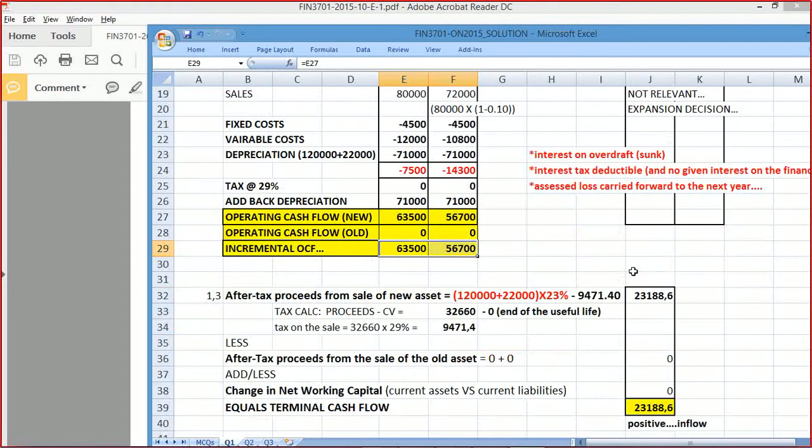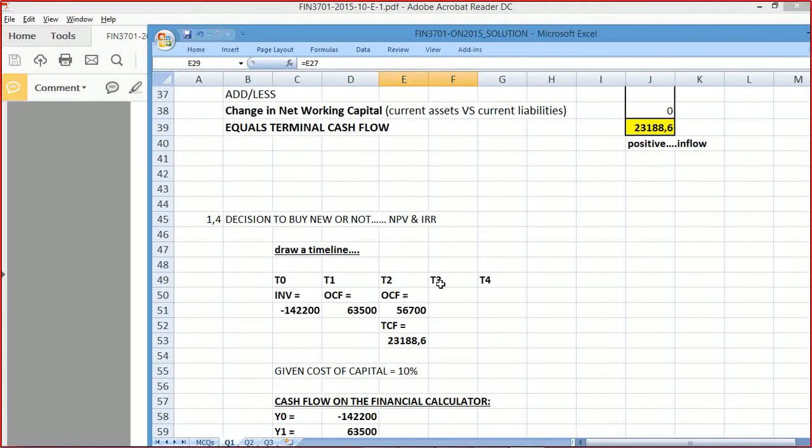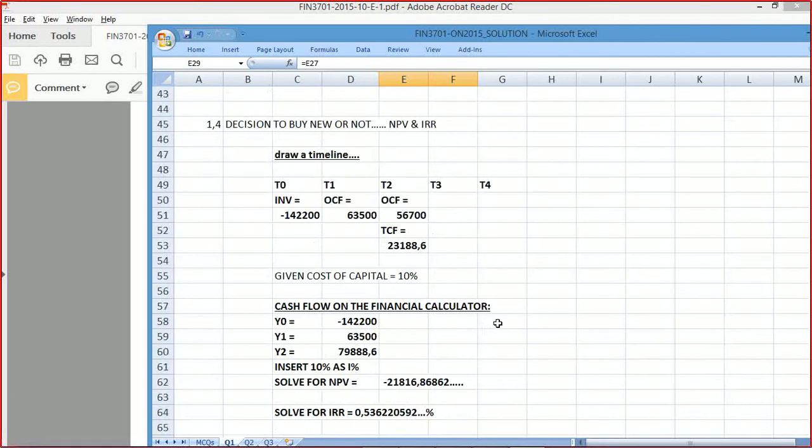The old we said was 0, and then the terminal was the 23. The amounts are correct. 63,500, cash flow 1. 56,700 plus 23,188.6, and that's cash flow 2. 10 is I. I'm still getting 18,449.